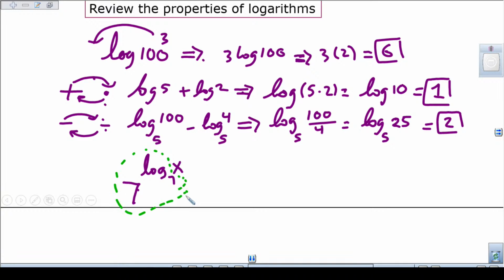What did we call that thing? Come on, champions. Undo. This is going to go bye-bye, leaving you only with x. Okay, keep these in mind as we discuss the next section here.